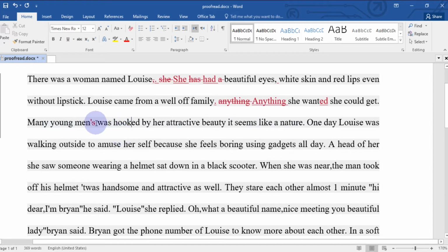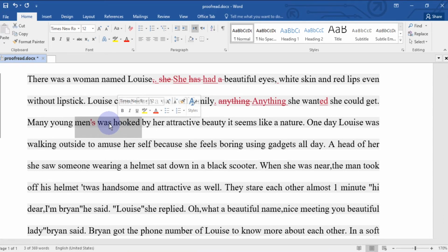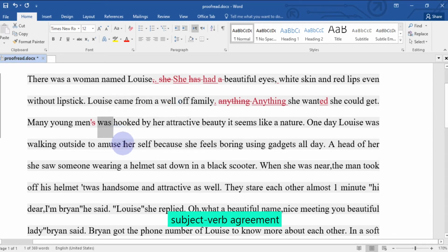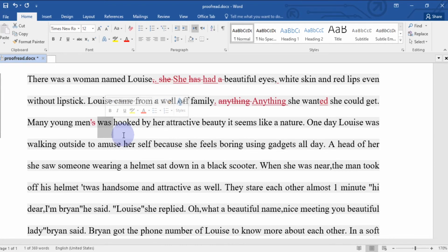Here the use of the tense is correct. Men was. It is the past simple, but we have a subject-verb agreement issue right here. The past simple form of the verb be is either was or were. Subject-verb agreement simply means that the subject and verb must agree in number. Therefore, we choose was or were depending on the number of the subject that the verb refers to.